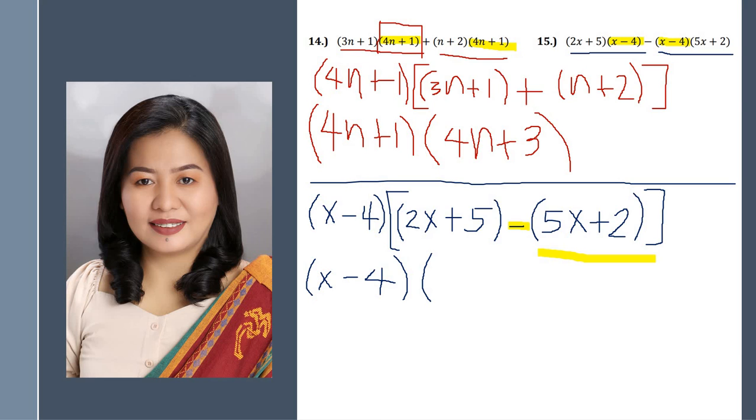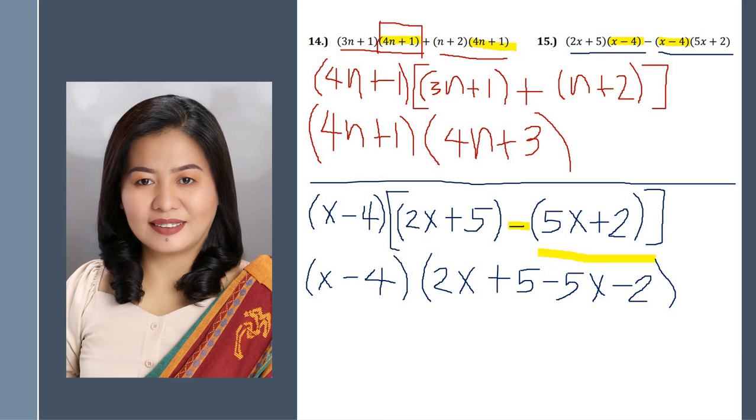So it's better to rewrite it first without the parentheses: 2x plus 5 minus 5x. The signs inside the parentheses will change to their opposite, so instead of plus x, it will become minus x, and the plus 2 will become minus 2.